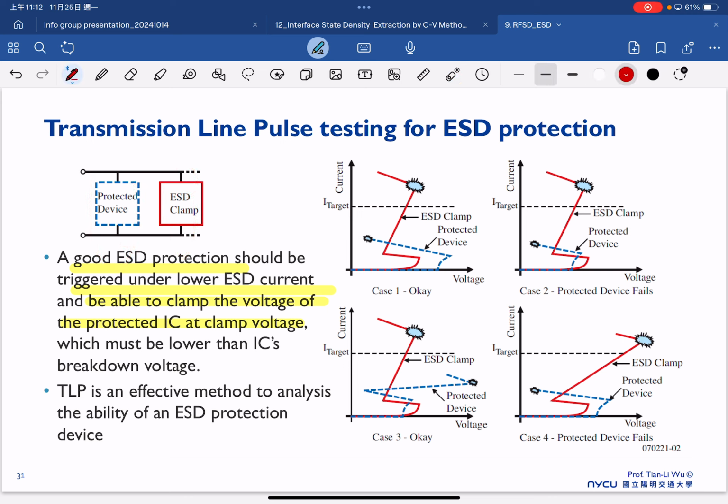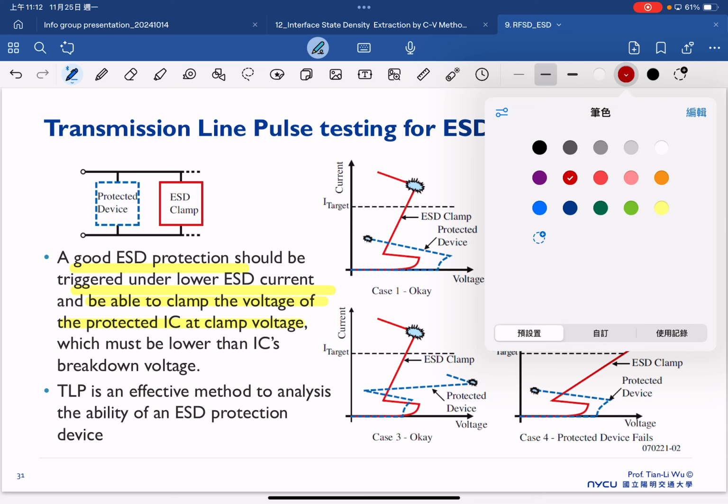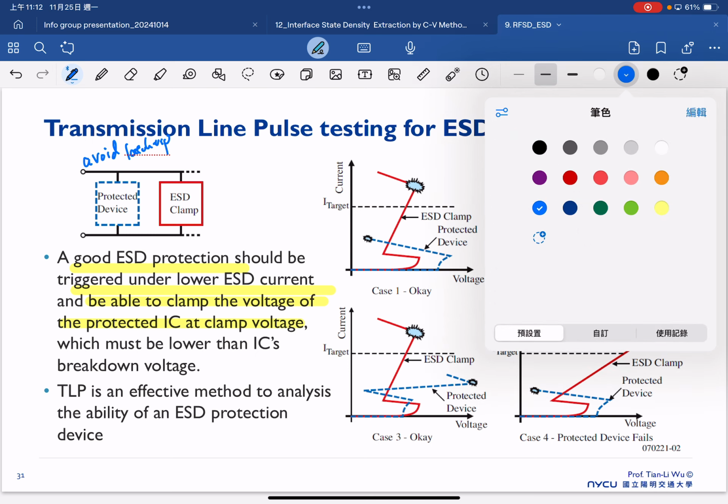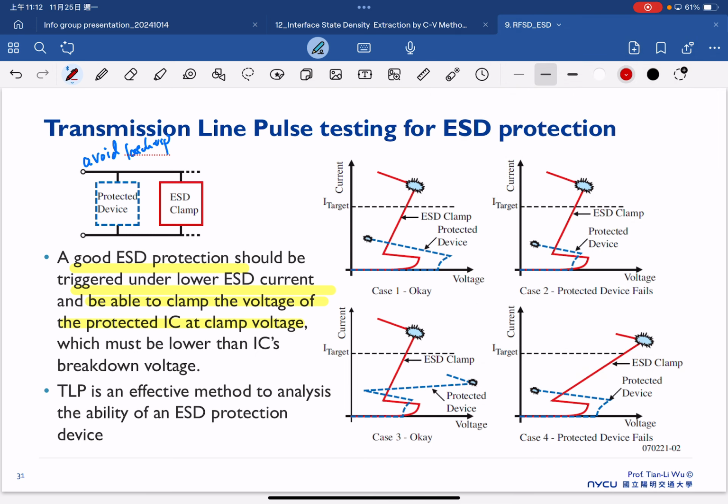So for the main protected device, we want to avoid the latch-up. But for ESD clamping, we actually want the latch-up to happen earlier.